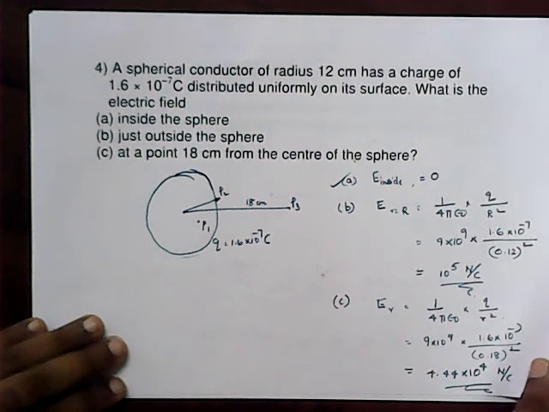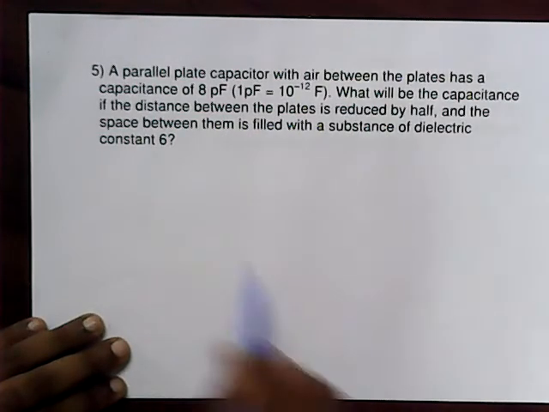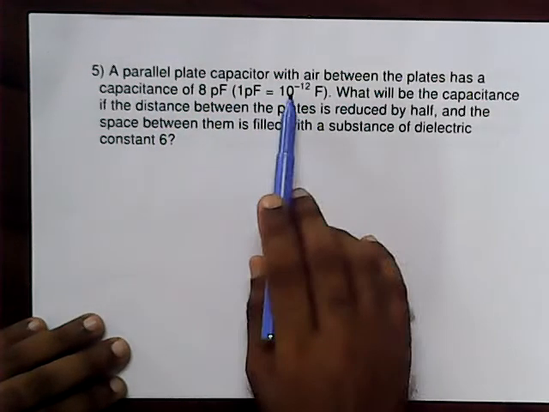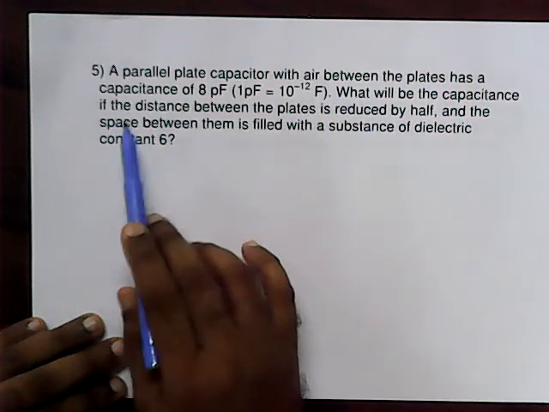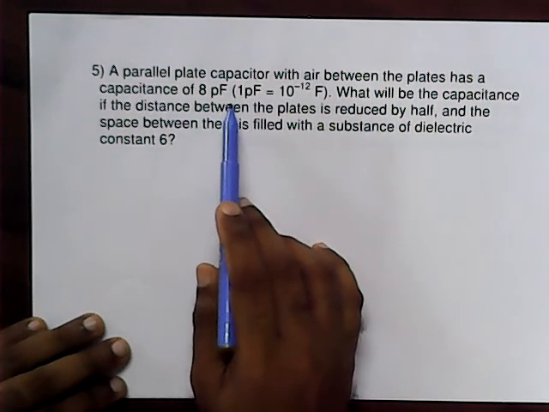So we can move to question number 5. A simple question. A parallel plate capacitor with air between the plates has a capacitance of 8 pF.